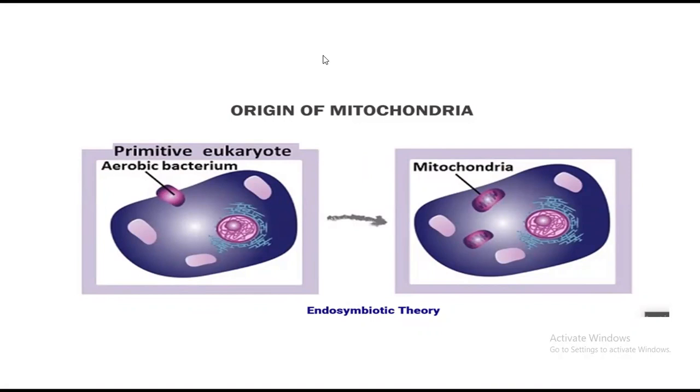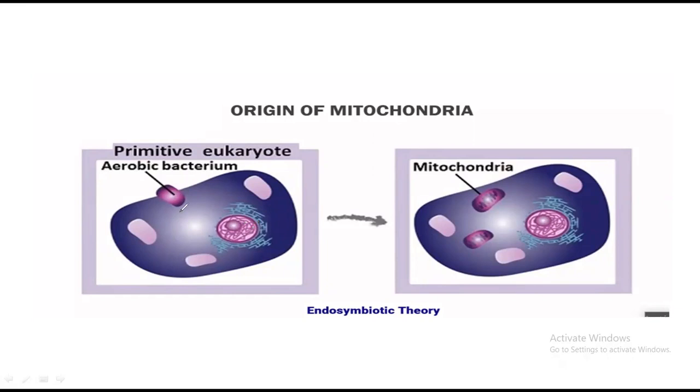So what happened? These aerobic bacteria established a symbiotic relationship with the cells of the eukaryotes. Just to get abundant oxygen, they created this symbiotic relationship with the eukaryotic cells.